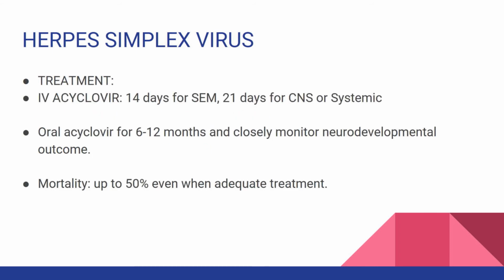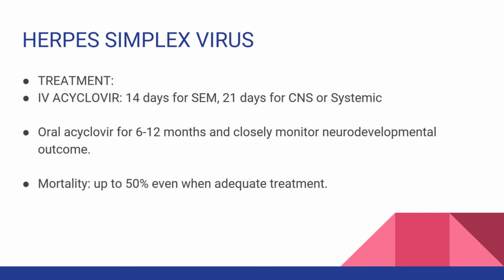Now the treatment, like I mentioned earlier: IV acyclovir should be given for 14 days to those patients who have skin, eye, or mucous membrane involvement, while 21 days for CNS or systemic involvement. After the patient has been treated with IV acyclovir, they need to be on oral acyclovir for 6 to 12 months.